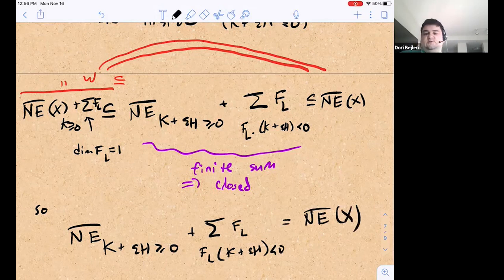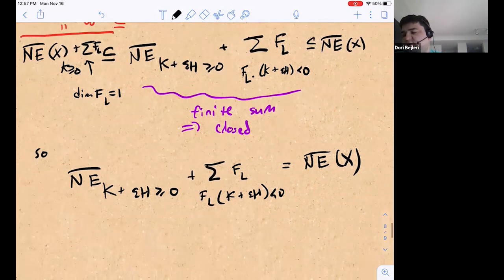And so this was part 2 of the theorem that when we perturb by some ample, we get the non-negative part plus a finite sum of rays is the whole effective cone.